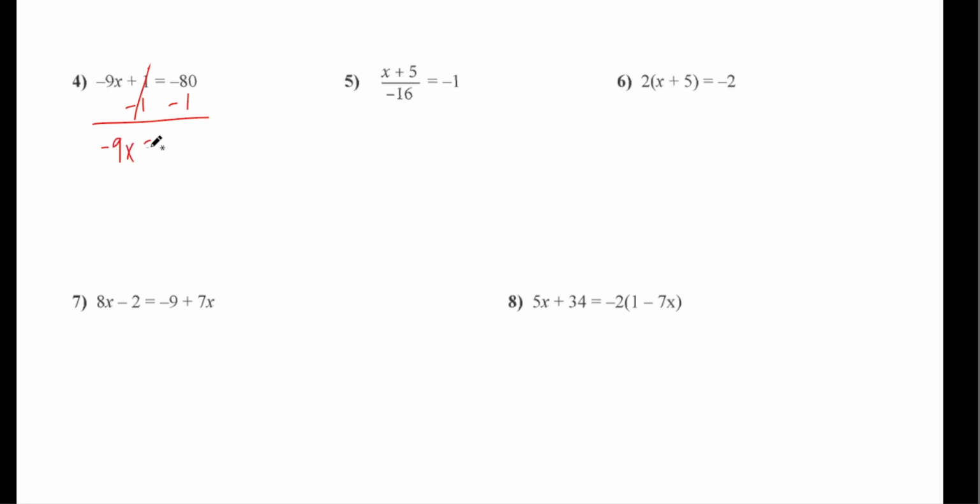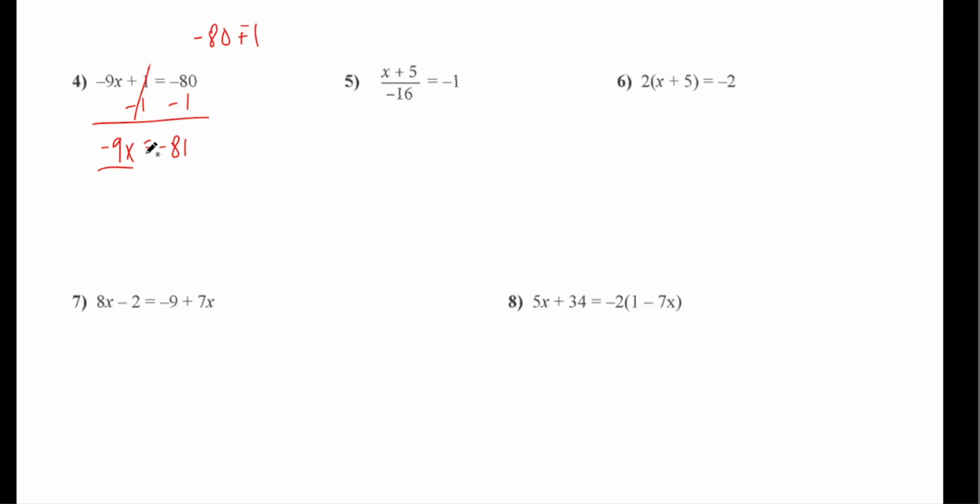What do I have? Negative 9x equals, it's negative 80 minus 1. Nope, it's negative 81. Because look, if I wrote it sideways, horizontally, what would I do? If it's a minus, I add the opposite, right? What's negative 80 plus negative 1? Negative 81. Now what do I do? Divide by, it's not a 9.